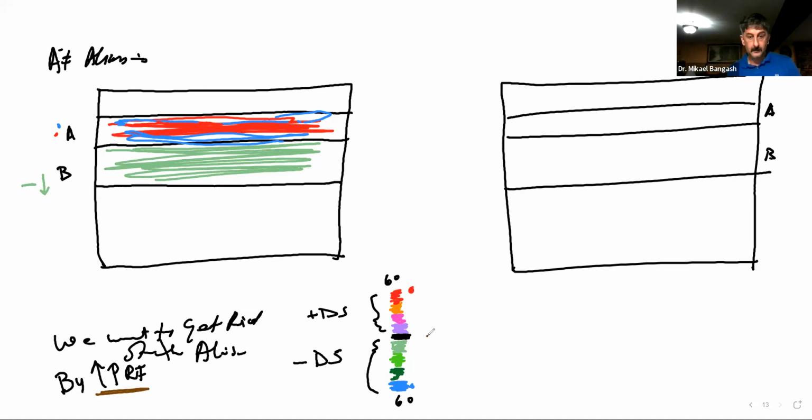Did that make sense? As we increase the PRF, the configuration of your color map doesn't change.